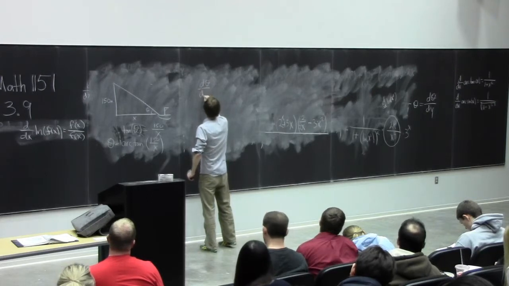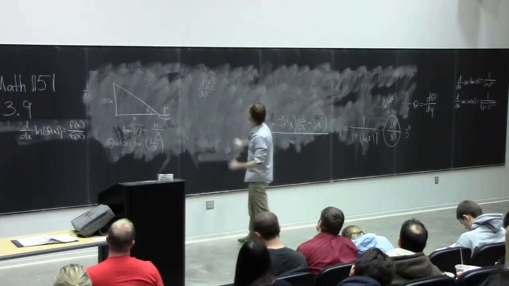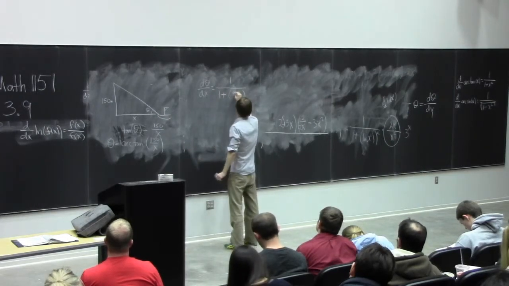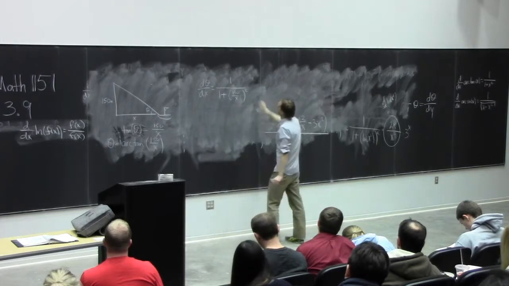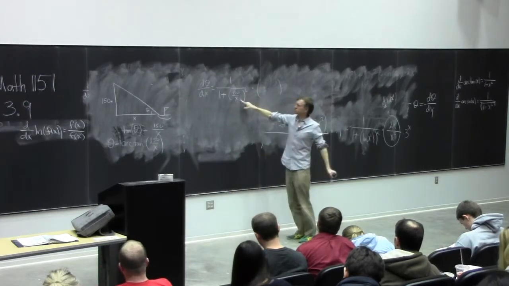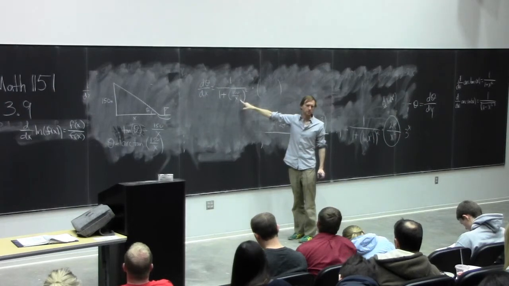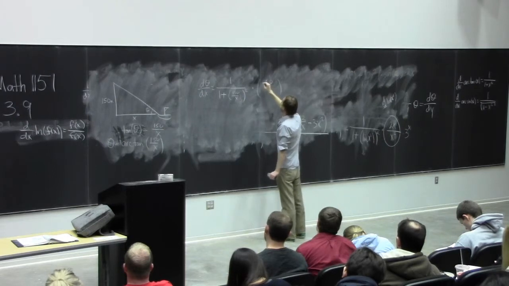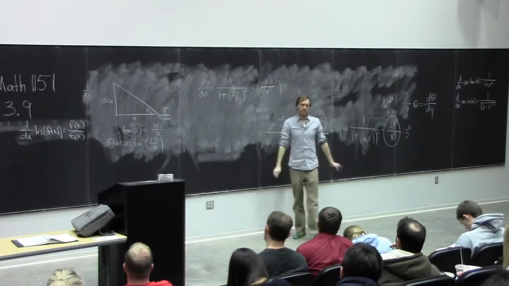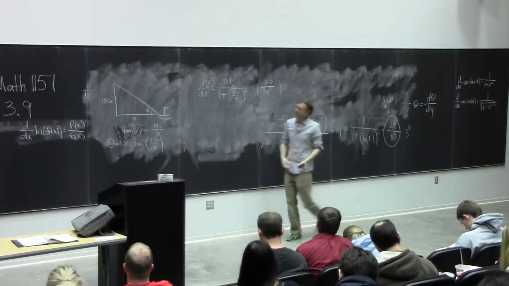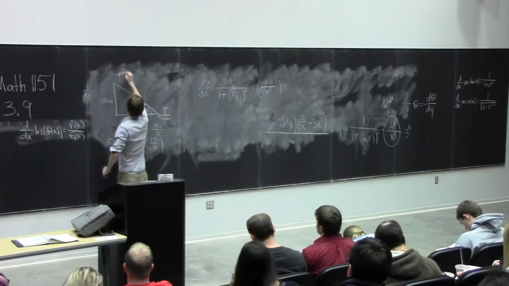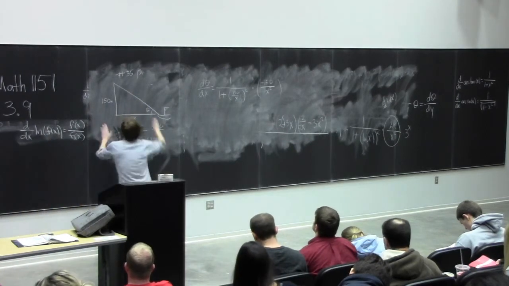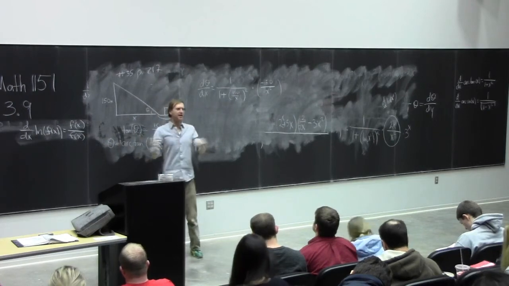It's equal to 1 over 1 plus (150 over x) squared times the derivative of 150 over x, which is minus 150 over x squared. This is number 35 on page 217. All right, we're done. Have a nice day.